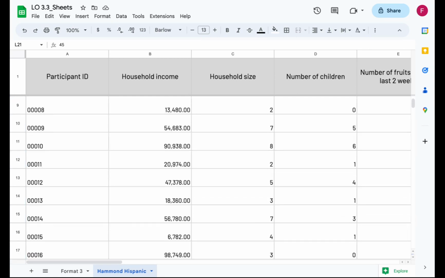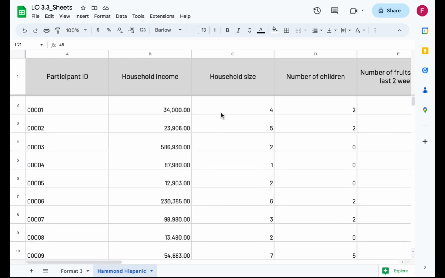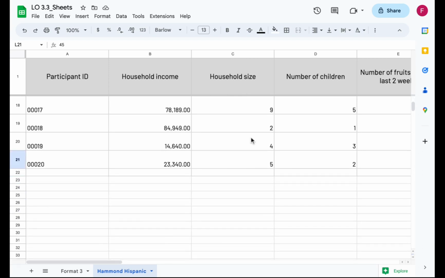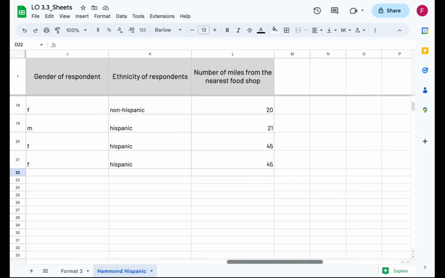Because my information was entered vertically, if I'm interested in finding information on household size, just the household size, I'm going to look at it vertically. If I'm interested in finding information on number of children, vertically, because if I try to find out numbers, those summations and stuff is going to calculate all the information in the row, which will not give you what it is that I want to do.